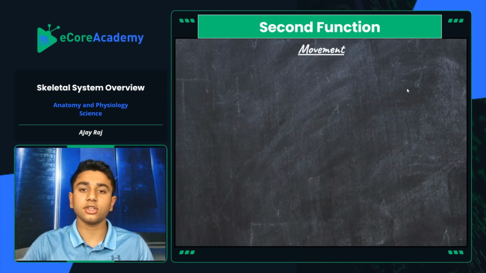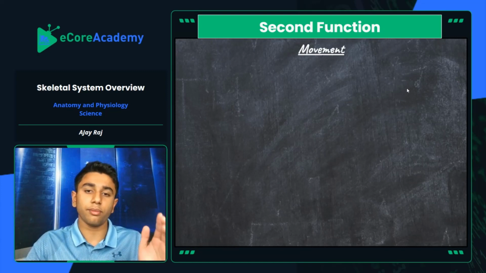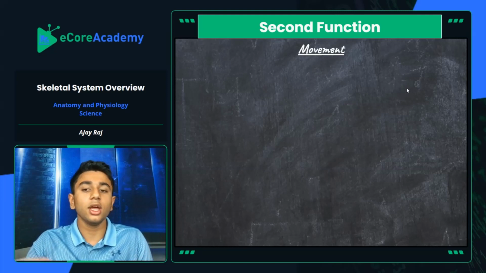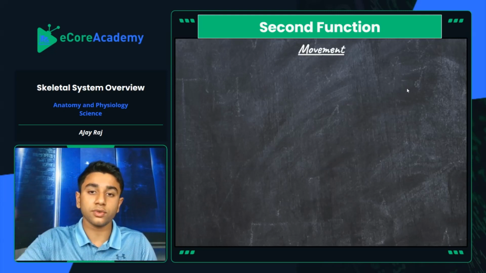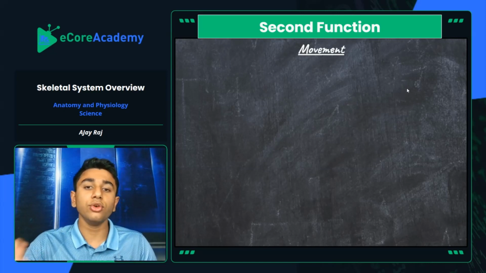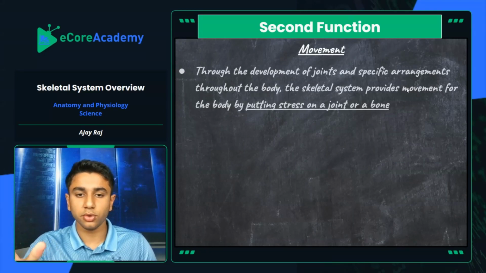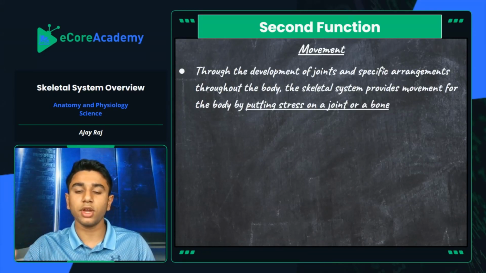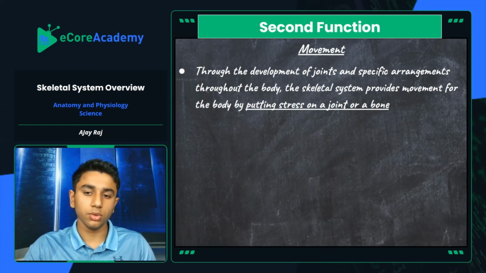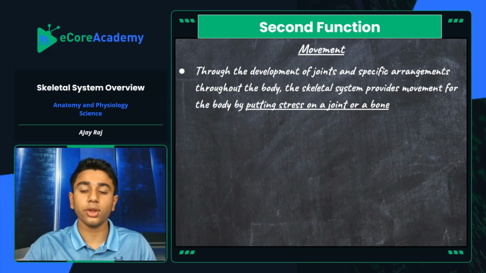The skeletal system is actually responsible for the actual movement of your body because it's a whole structure of the body. However, the muscular system does allow for the movement of the body, meaning it moves and manipulates the bones in order to conduct movement. Just a little spoiler to this bullet point. Through the development of joints and specific arrangements of bones throughout the body, the skeletal system provides movement for the body by putting stress on a joint or a bone.